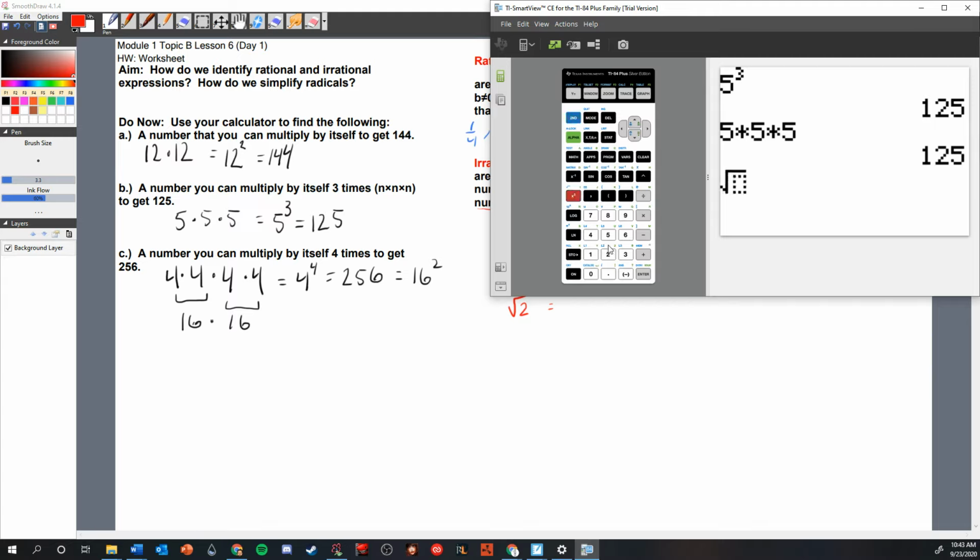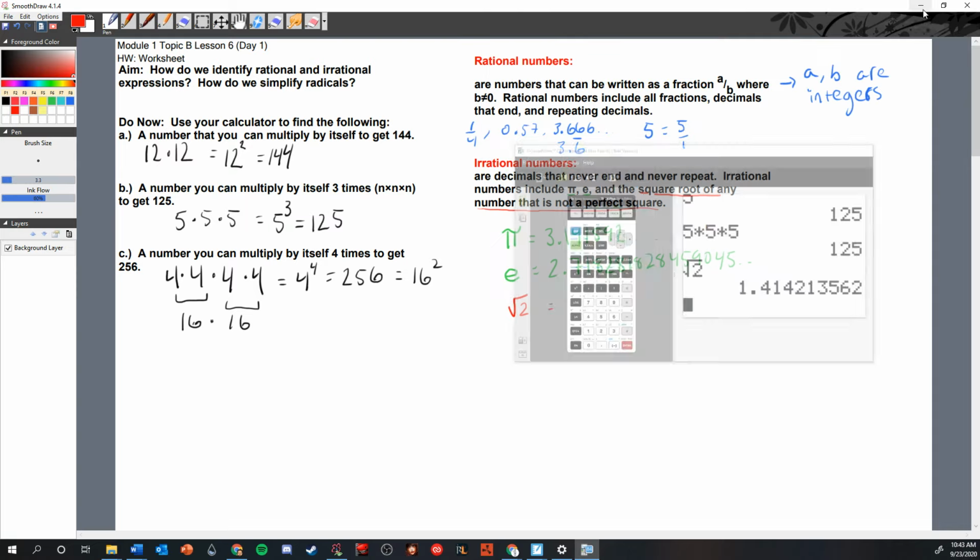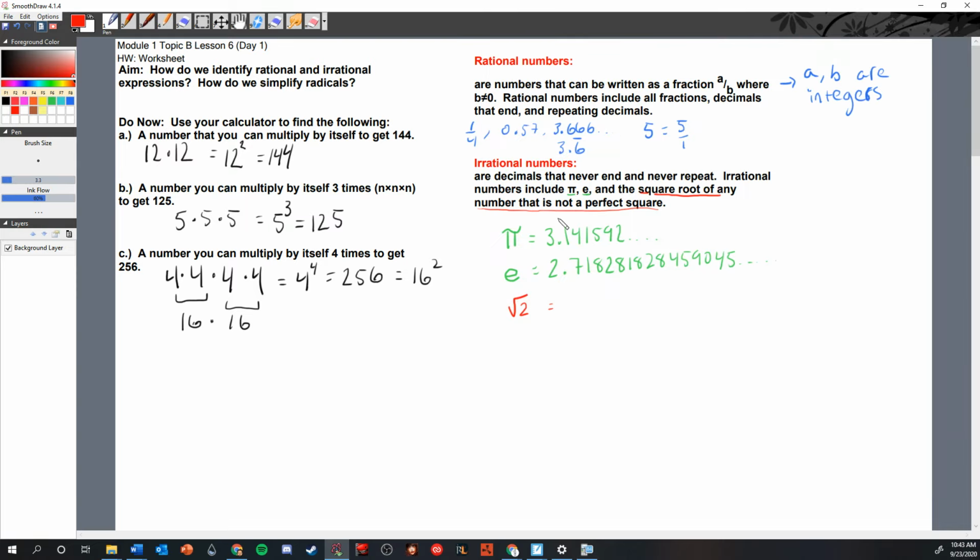Square root 2. 1.41421 blah, blah, blah. So this is a decimal that goes on forever, never repeats, never ends, right? It's also irrational.